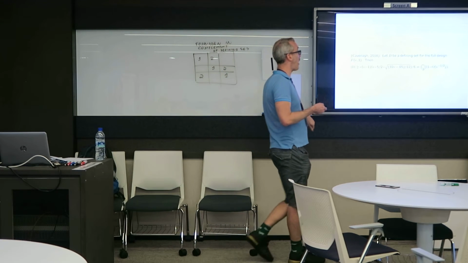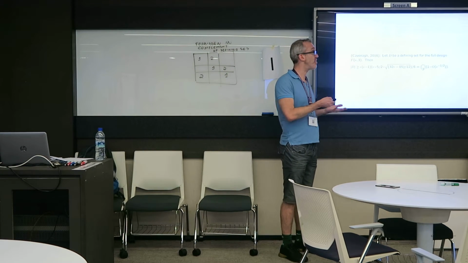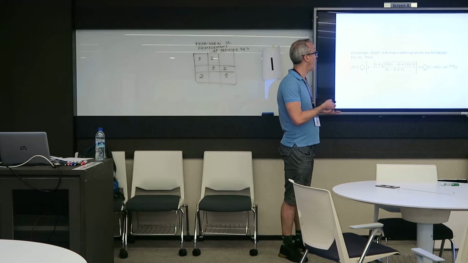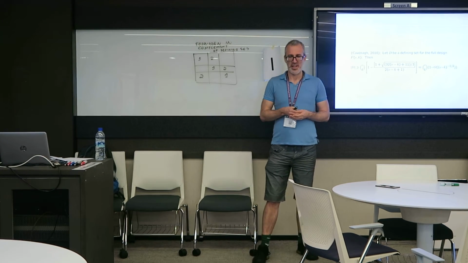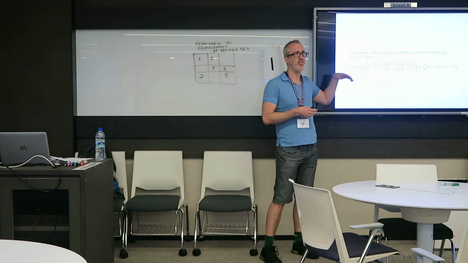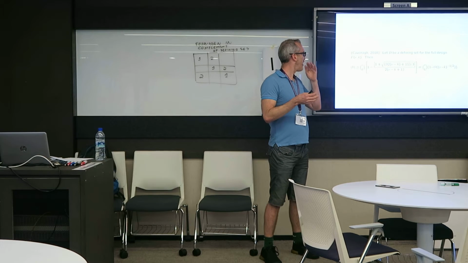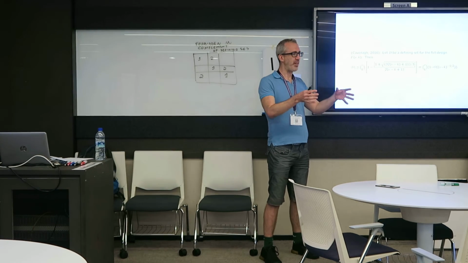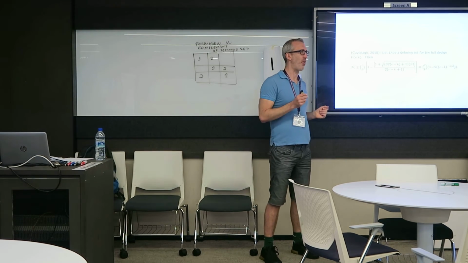And then we can plug this result in when the block size is bigger than 3. And what's going on there? Well, your full design contains every subset of size k. So if you think about it, it contains many copies of all the full designs of smaller orders.